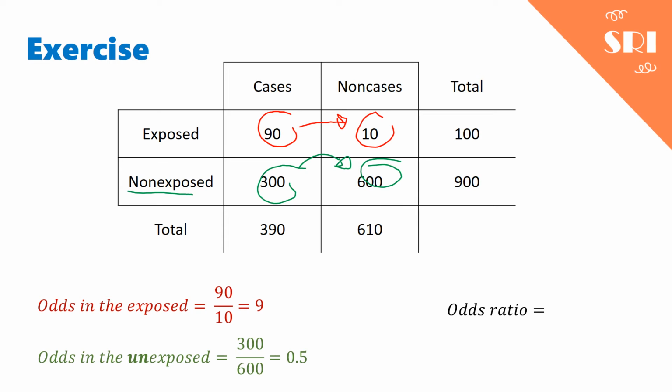So we would divide 9 by 0.5, and that would be 18. So the odds ratio here is 18. It's really pretty simple.